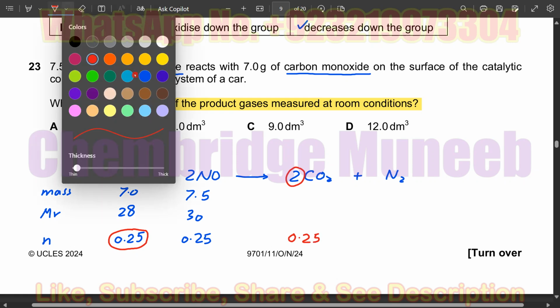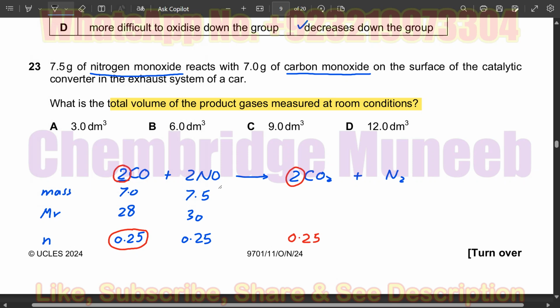However, for the nitrogen molecule, it is 1 mole here, and both reactants are by 2 moles. So for this purpose, we have to take the ratio. If it is 0.25 moles for NO, then how many moles should be there for N2, that is X, and we know for NO there are 2 moles and for N2 it is 1 mole.